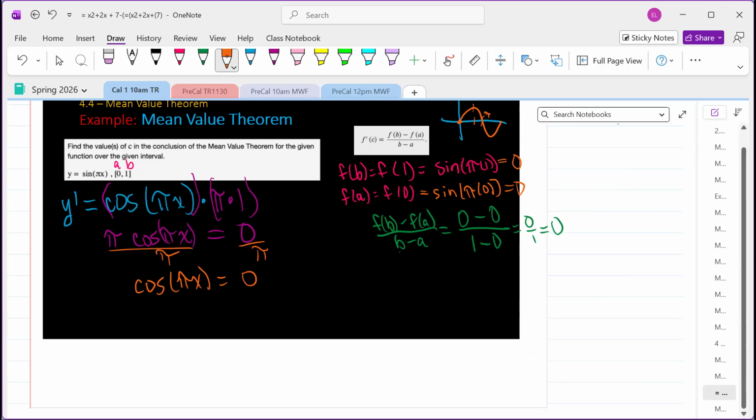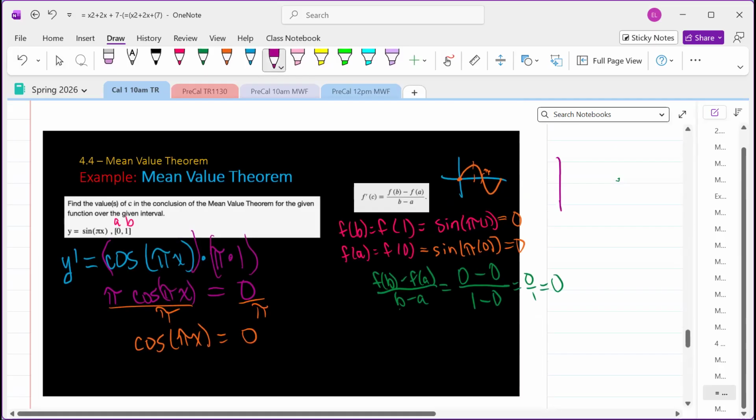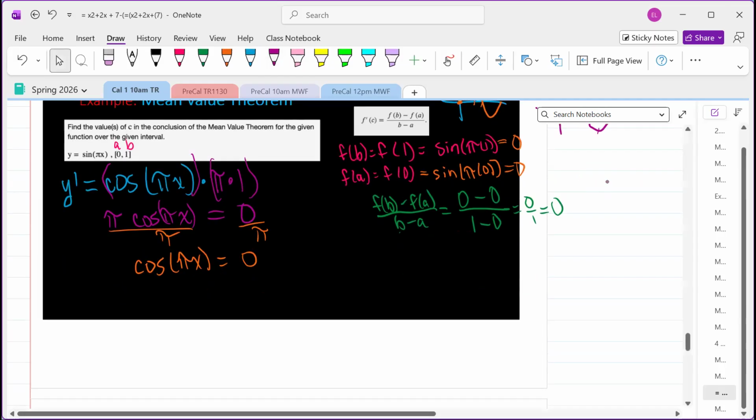So now I want to think about my graph of cosine. So cosine starts at 1, goes to 0, down to -1, back to 0, and back to 1. So the x values where cosine equals 0 is at pi over 2 and 3 pi over 2.